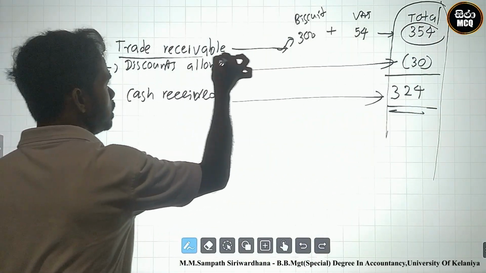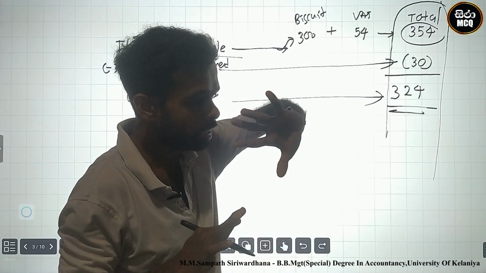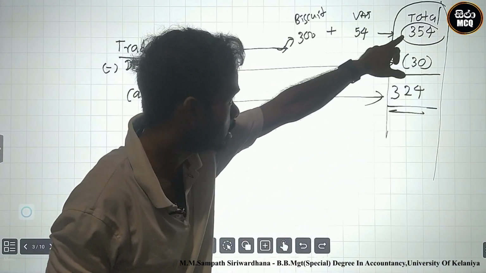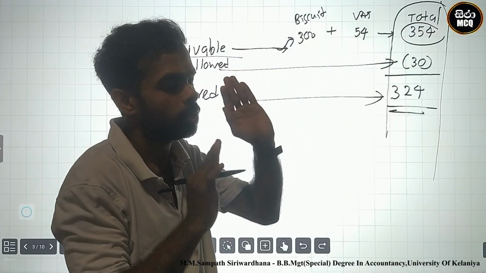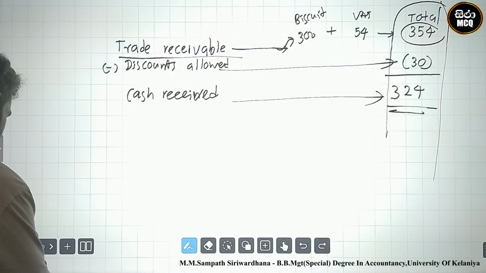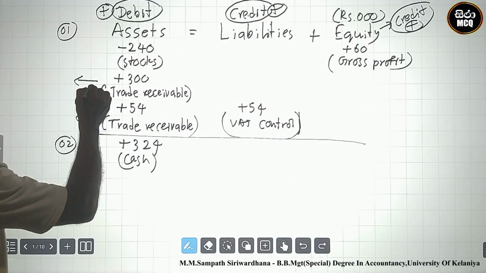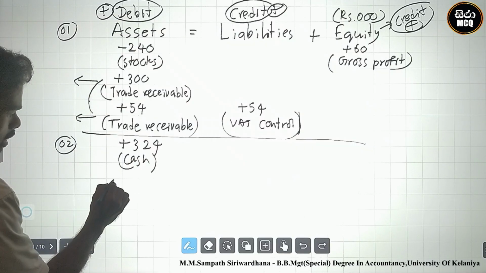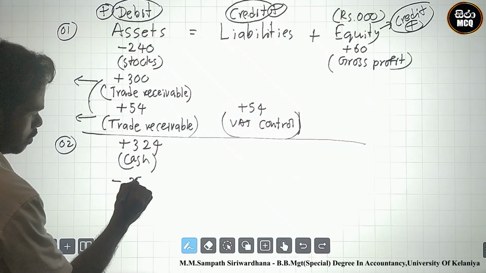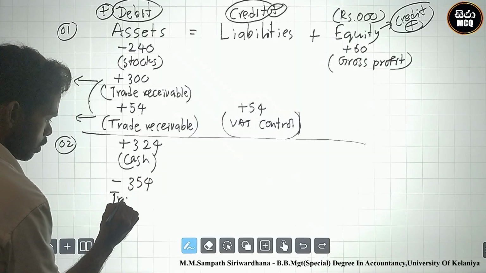The receivable is totally settled. 354 is totally deducted from trade receivable.